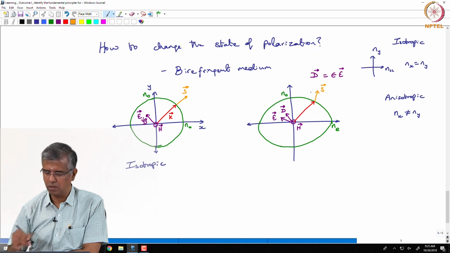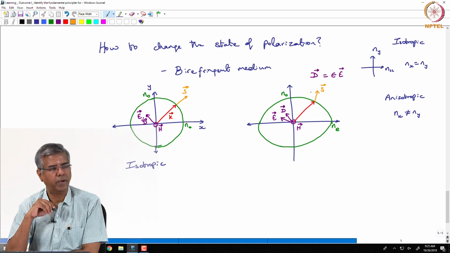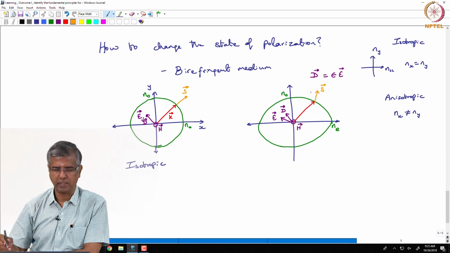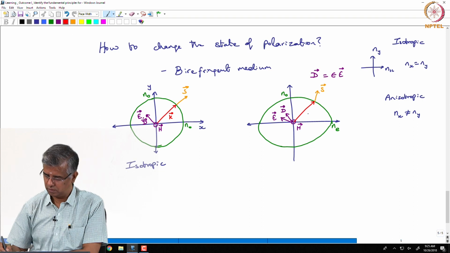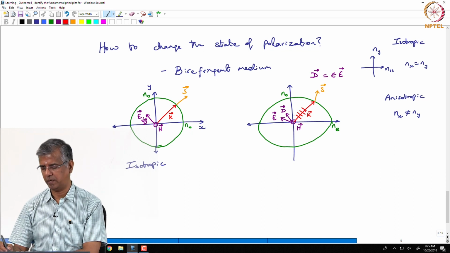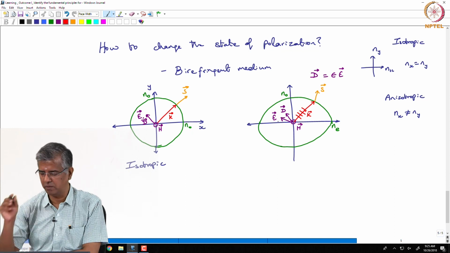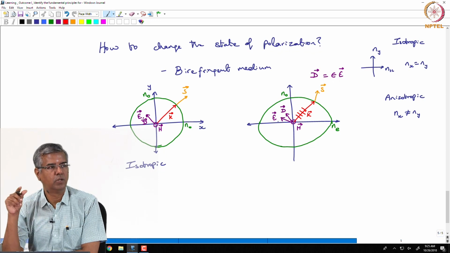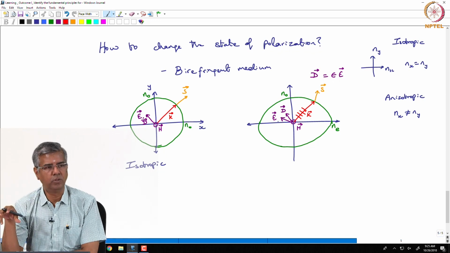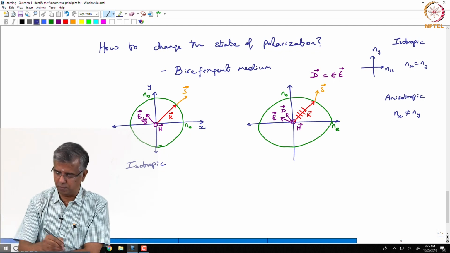So, your Poynting vector is like this, that corresponds to the energy propagation, whereas your k vector, which talks about the direction in which the phase fronts are evolving, is different. So, this is a key point to note in an anisotropic material.